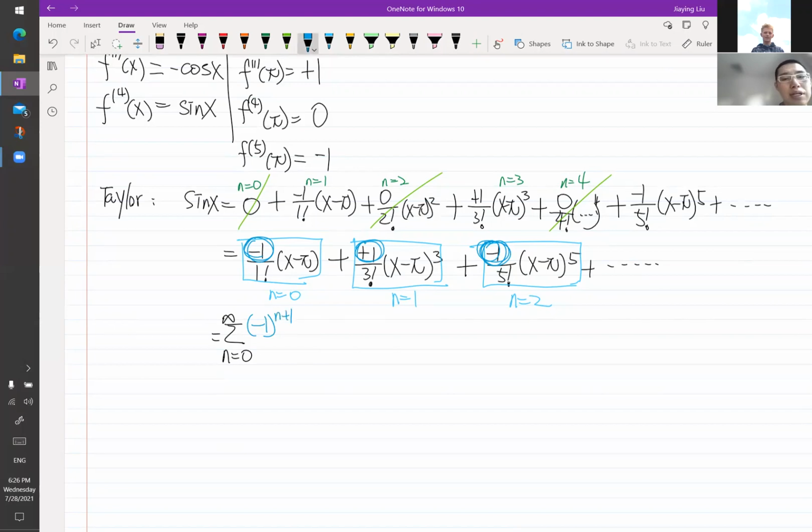You have to decide which one it is. In this case, n equals 0 gives me -1, n equals 1 gives me +1 in the numerator, n equals 2 gives me a -1, which means if I just put n there, I'm going to have a problem, because if I put 0 in there, I get -1 to the 0, which is actually positive, but I want it to be negative. So that should be n-1 or n+1.